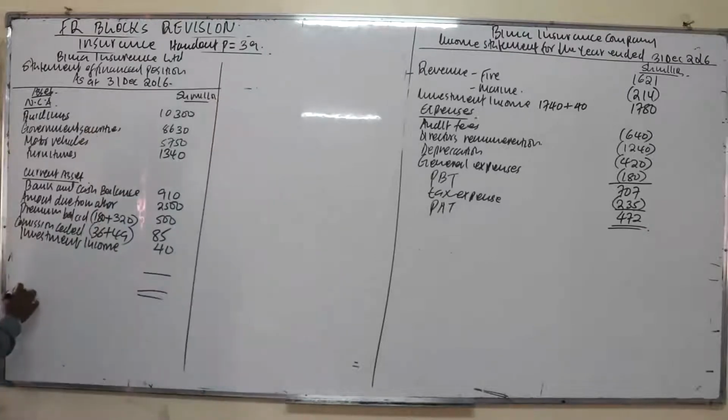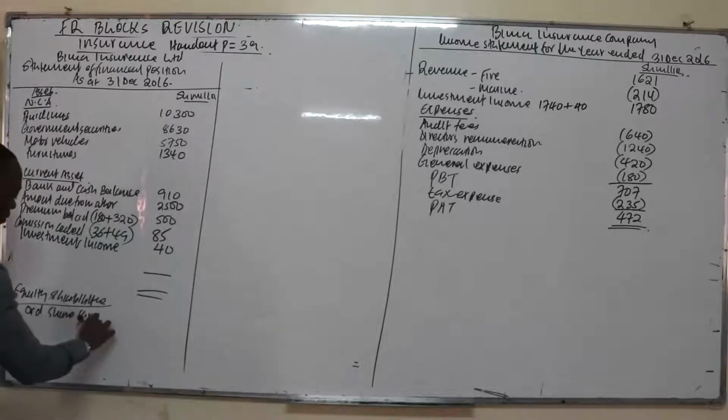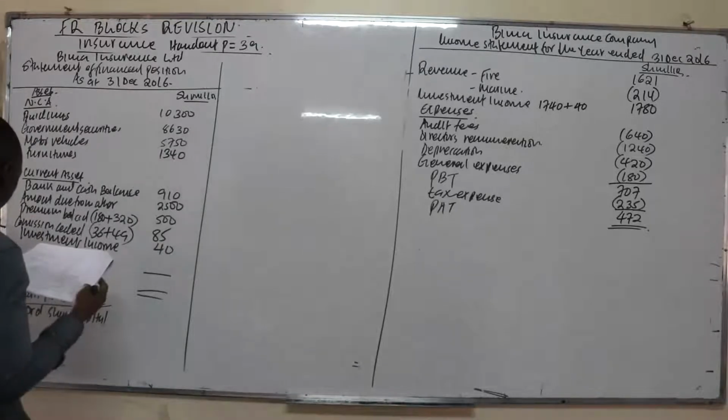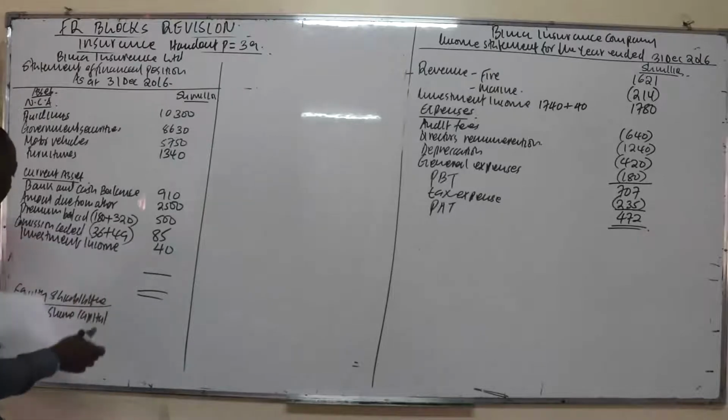So now let's go to the equity and liabilities. We have ordinary share capital, and for the ordinary share capital we had 8,000.